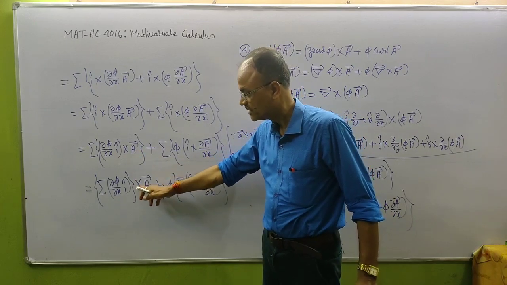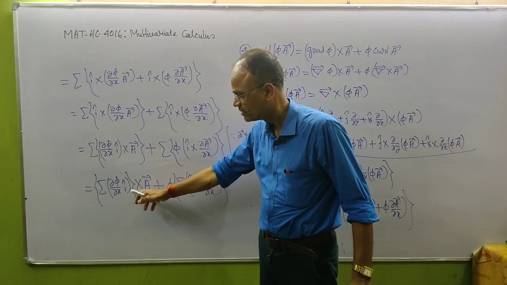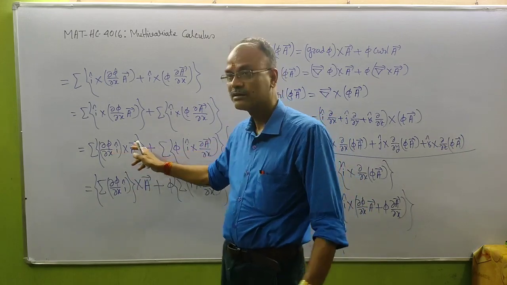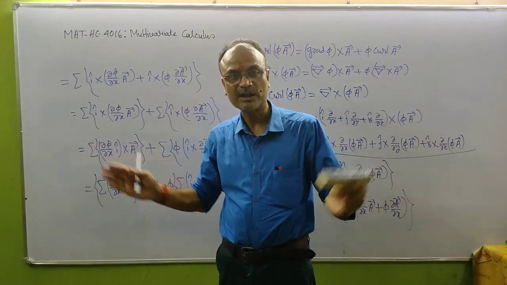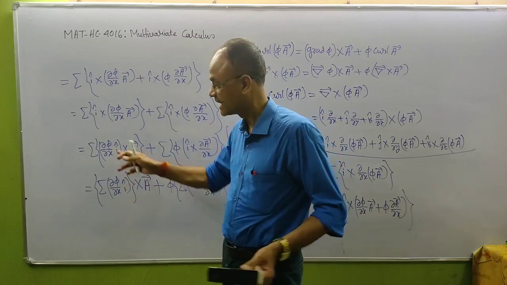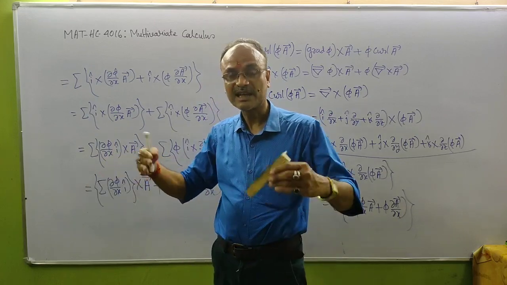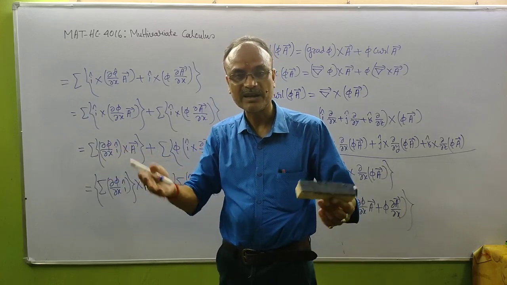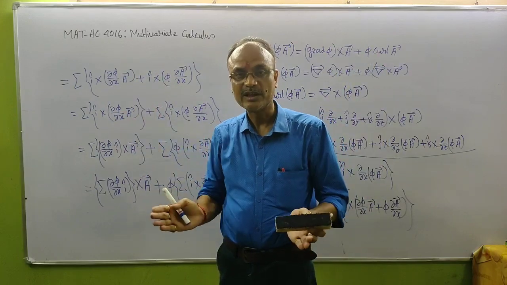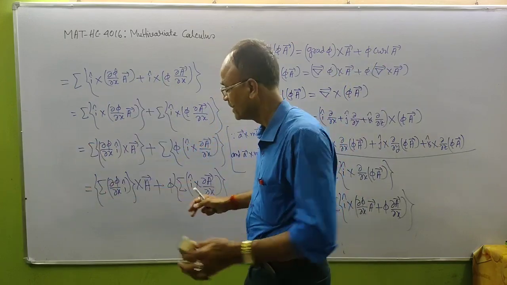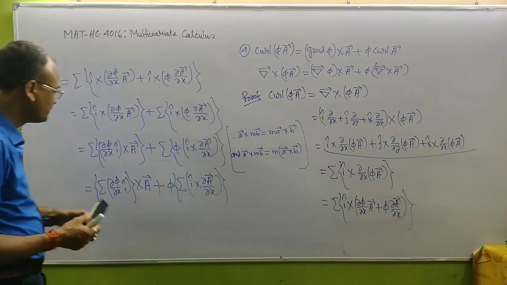And A vector can be taken common. Therefore, you may write delta phi by delta x i cap plus delta phi by delta y j cap plus delta phi by delta z k cap, whole thing cross A vector. That's what we have written.